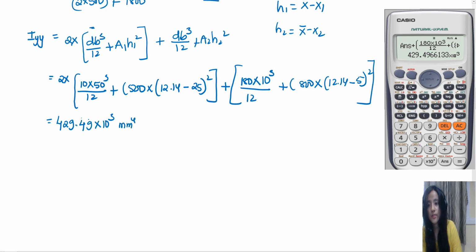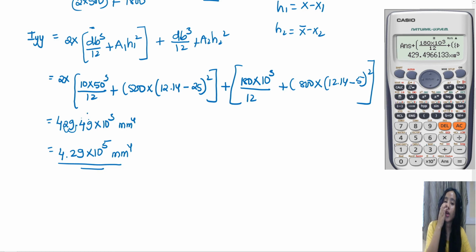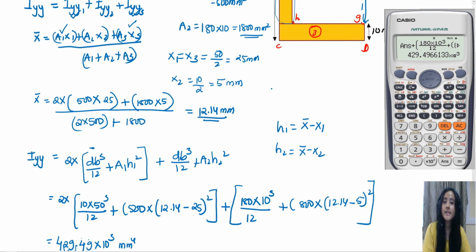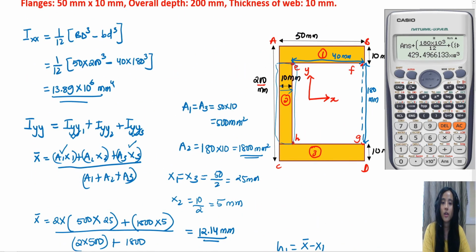If I just move this decimal point, it will be 4.29 into 10 raised to power 5 mm raised to power 4. So this is my moment of inertia about Iyy for a C channel section.